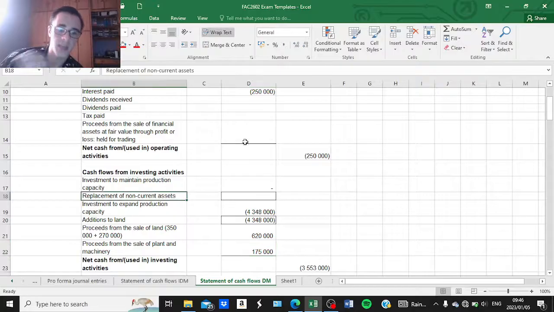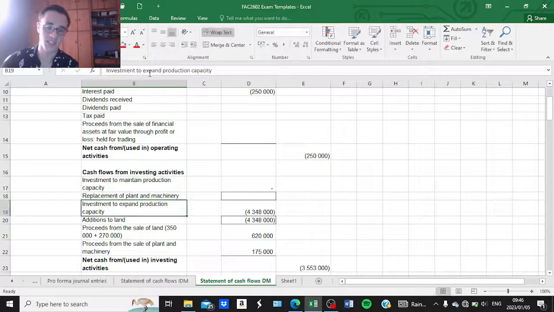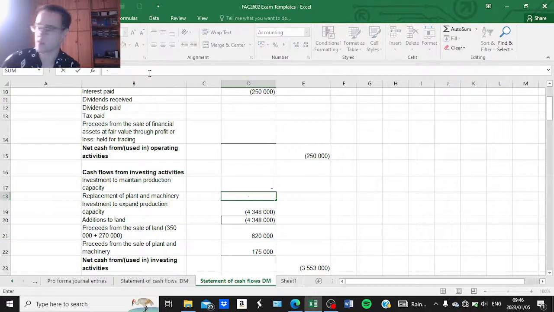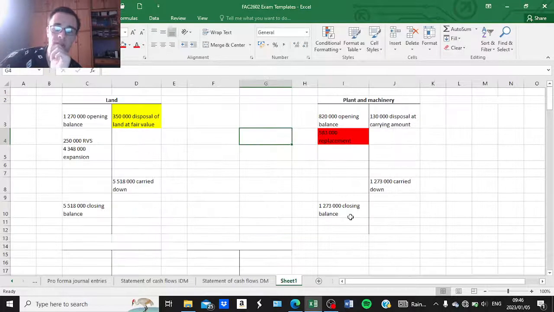All right, so replacement of plant and machinery was calculated as 583,000. And because we have purchased that plant and machinery, we need to show it as an outflow of cash in that section.